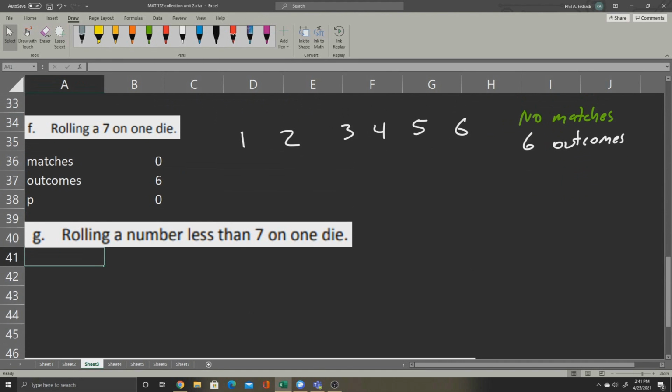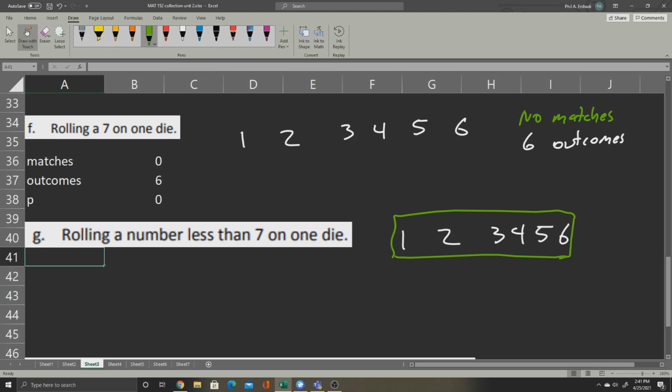Now the probability of rolling a number less than 7 on one die, once again, let's list the outcomes. 1 through 6. Now, which of those are less than 7? Well, we might recognize that all the numbers we have are indeed less than 7. So we can say 6 matches this time, because all of them fit the condition.